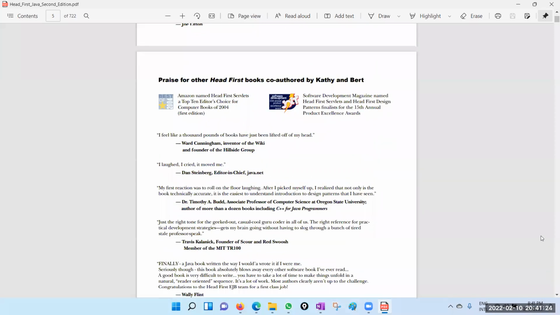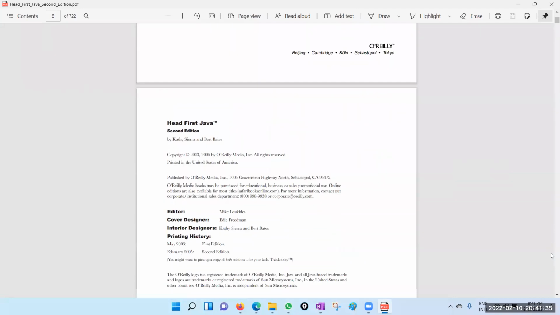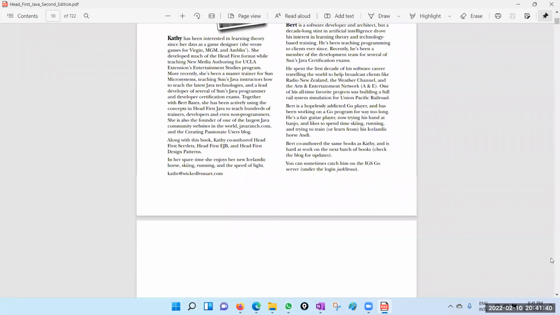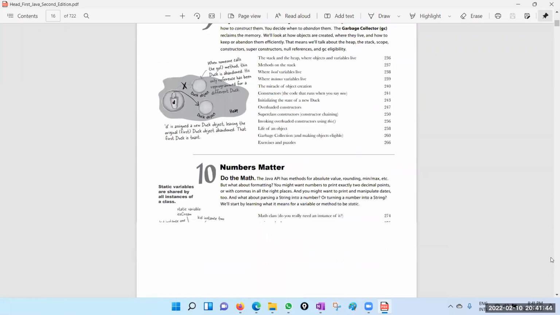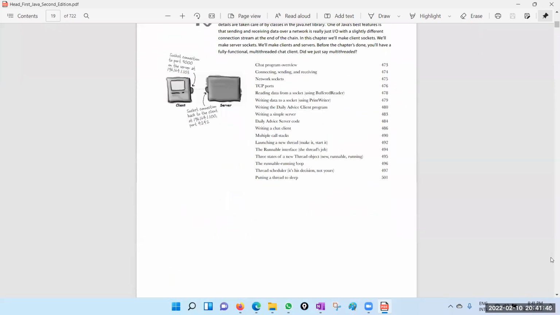There are two types of books: the traditional boring books and the modern brain-friendly books. This is a modern brain-friendly book. That is why we say Head First series. It gives the basic idea about object-oriented concepts with the help of Java.